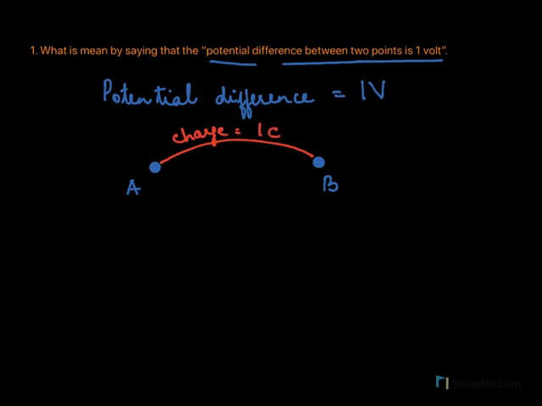And as I move a charge of 1 coulomb, if I do work equal to 1 joule, then the potential difference between A and B is said to be 1 volt.